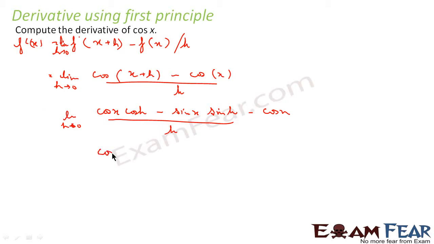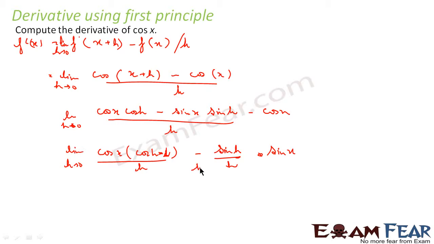Now we'll take cos x common. So this becomes cos x into (cos h minus 1) by h, minus sin h by h into sin x, and everything is as h tends to 0.